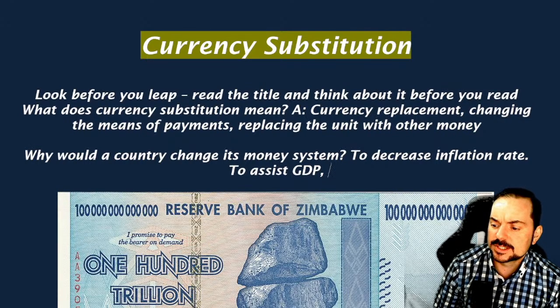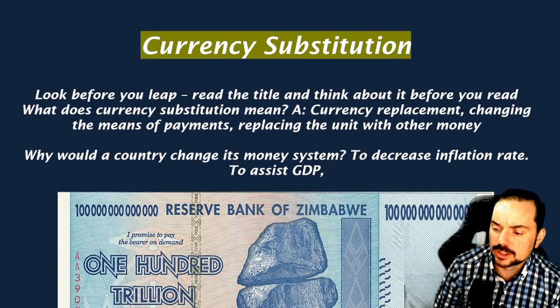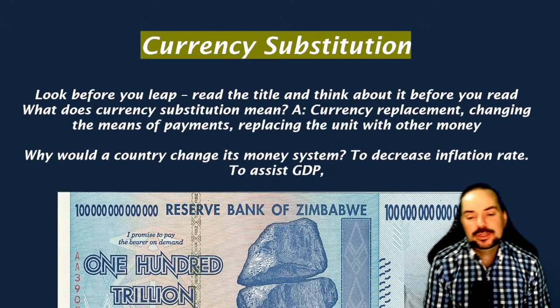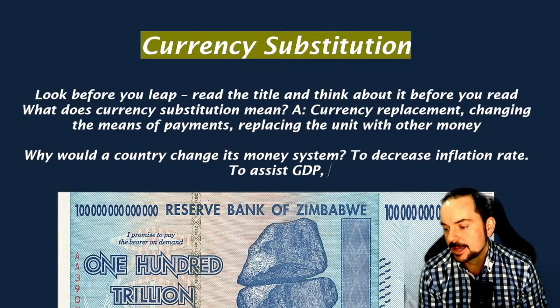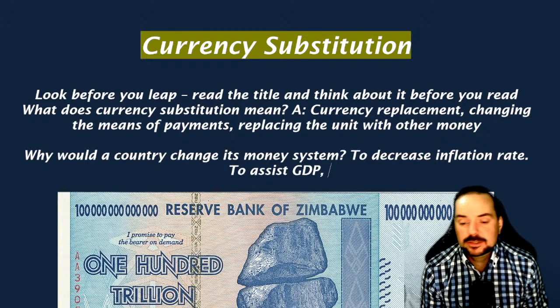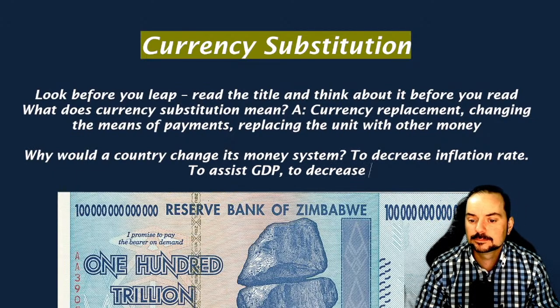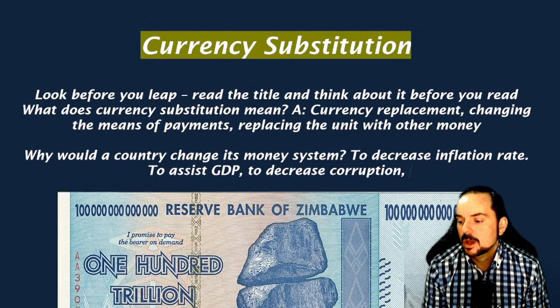The currency does not buy the goods in the country. Yeah, possible. Maria says to simplify the numbers of the banknote. I don't think so, Maria. I don't think it's ever just a question of simplification. Vishruti says maybe to decrease corruption. Okay, maybe. Quite possibly. Absolutely.